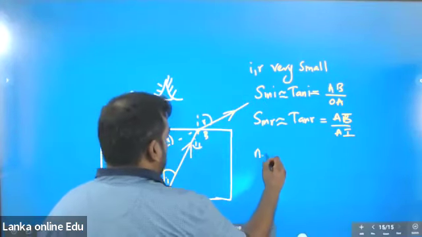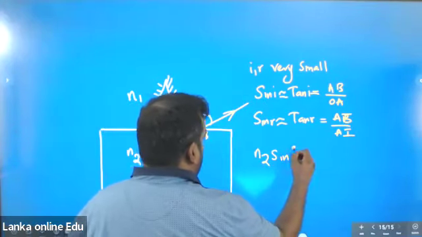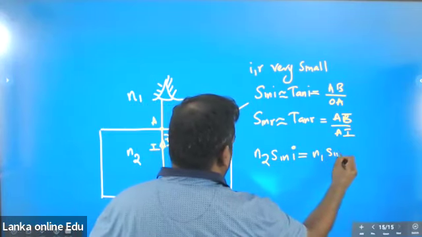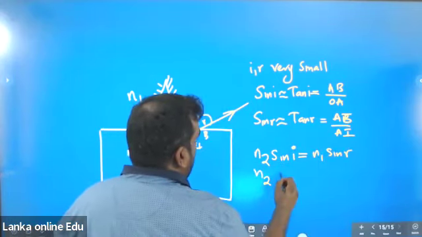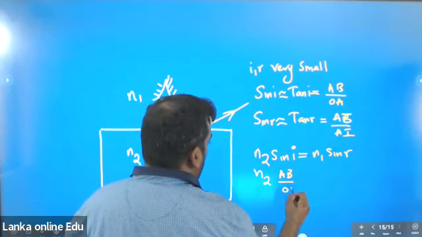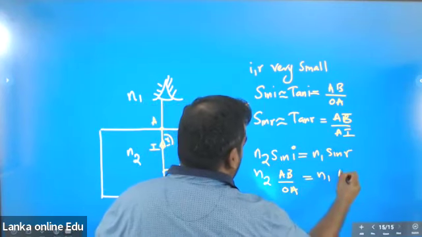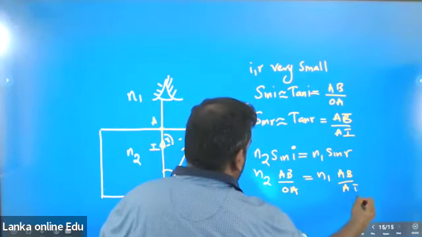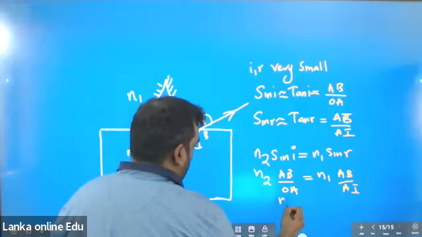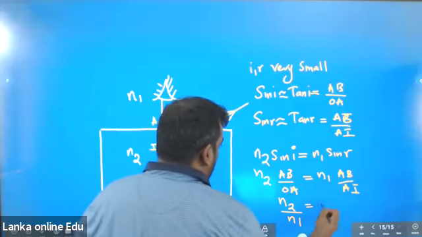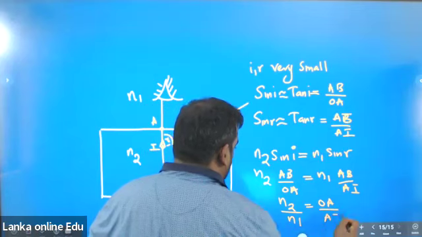To write the equation, N2 sin I equals N1 sin R. N2 sin I is AB over OA, and N1 sin R is AB over AI. AB cancels off. N2 over N1 is OA over AI.